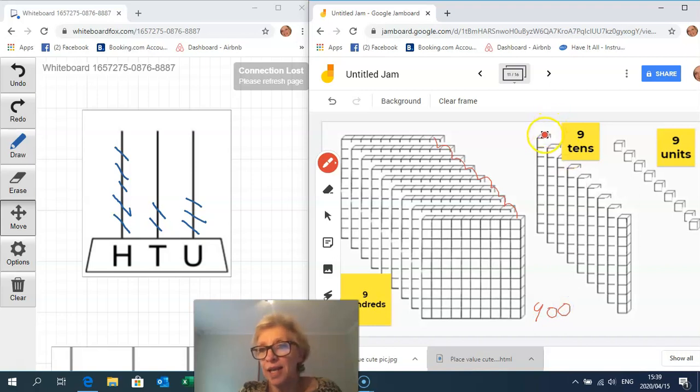Then I'm going to count my tens. 1, 2, 3, 4, 5, 6, 7, 8, 9 tens, which is 90. Then I'm going to count my units. 1, 2, 3, 4, 5, 6, 7, 8, 9. So now we have 999.